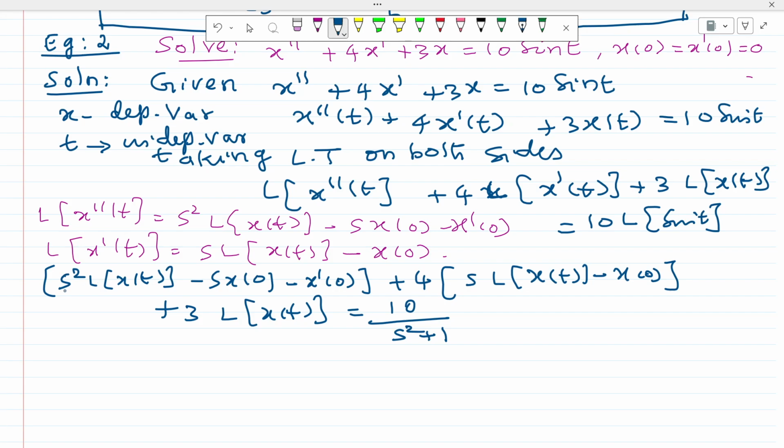Now listen, taking L of x of t common, we get s square plus 4s plus 3.